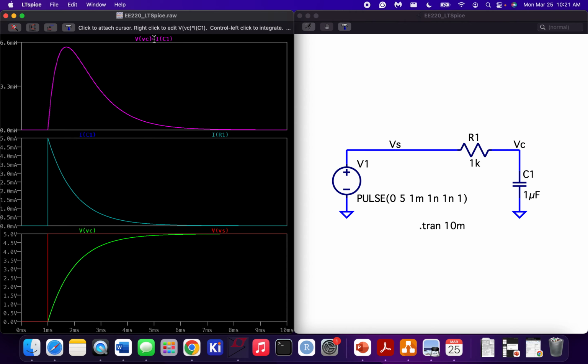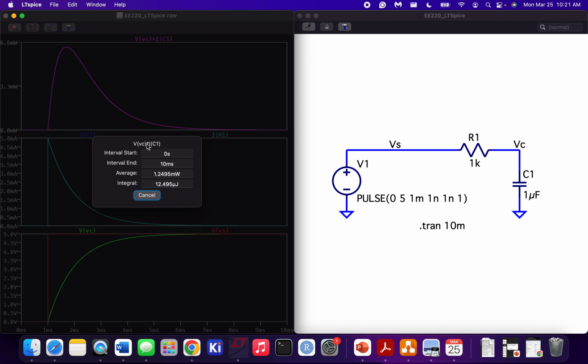So if I hit control and then left click, I get this little window and it tells me the area under the curve, which is the integral, is 12.495 microjoules, okay? So if I were to carry out 1/2 CV squared on this capacitor, I should see that the energy stored in the capacitor would be 12.495 microjoules, or very close to that value.